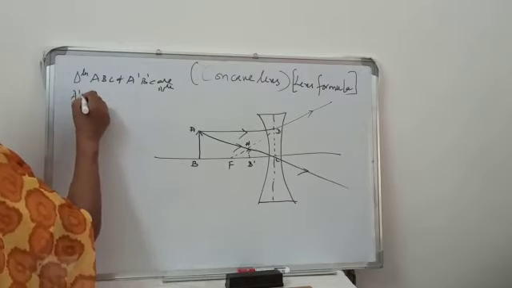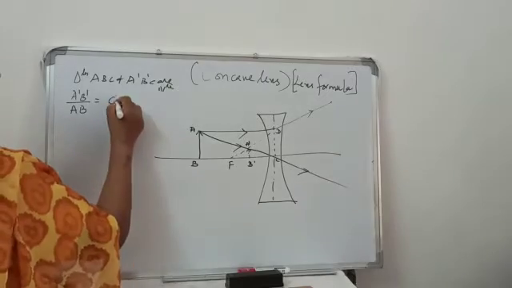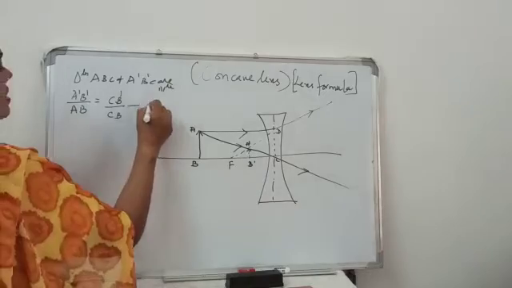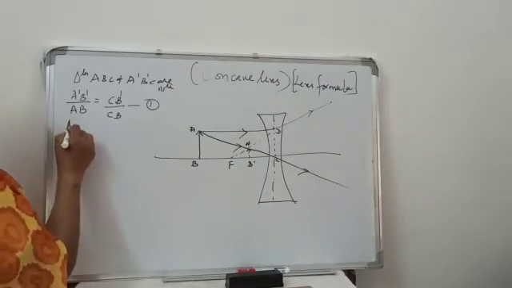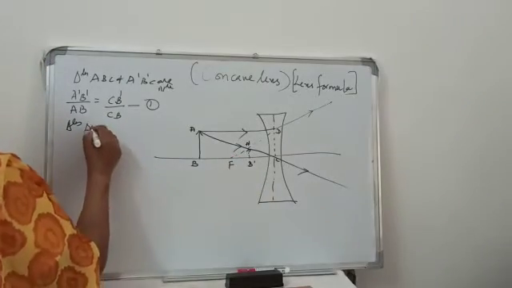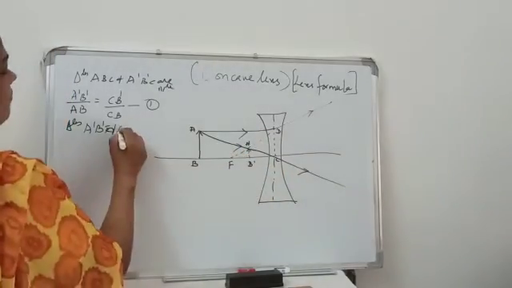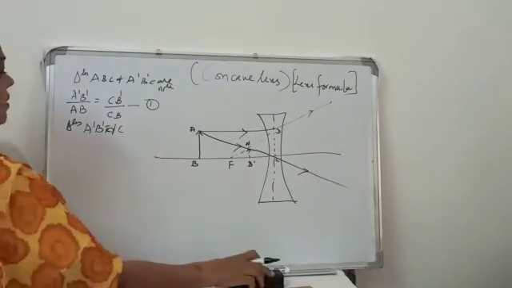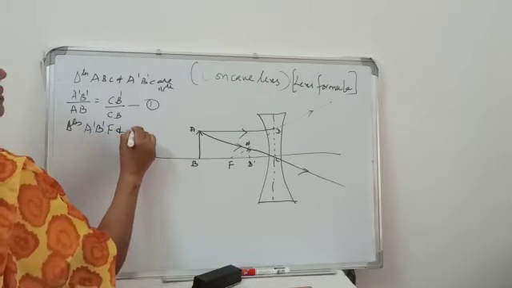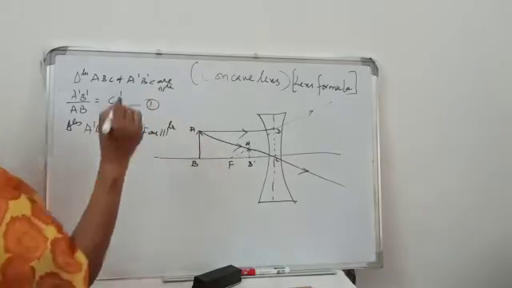So, A dash B dash by AB equal to CB dash by CB. This is equation 1. Similarly, triangles A dash B dash F and CDF are similar.